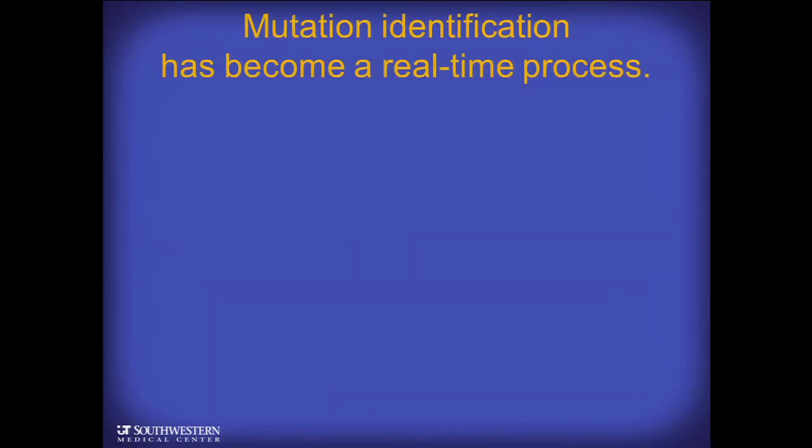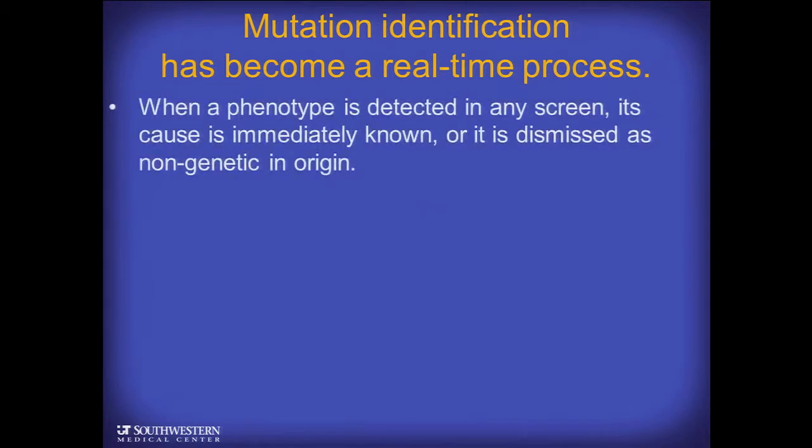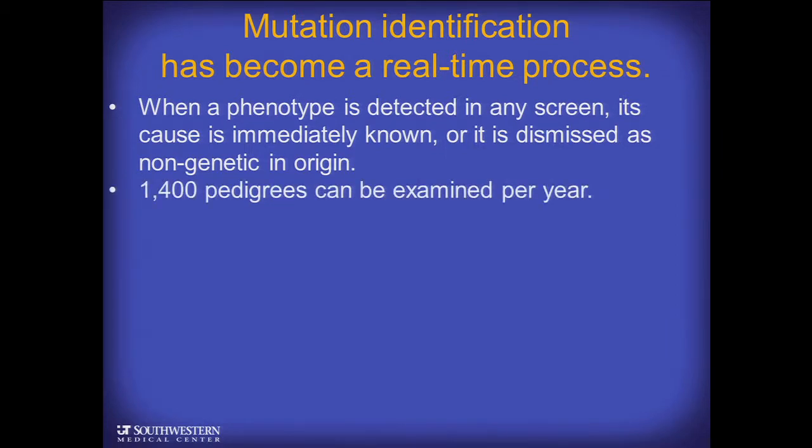So mutation finding has become a real-time process. When a phenotype is detected in any screen, whether it's a mouse that has a neurological problem or a coat color problem or an immune problem, then immediately we know its cause, or we can dismiss the phenovariance as non-genetic in origin.